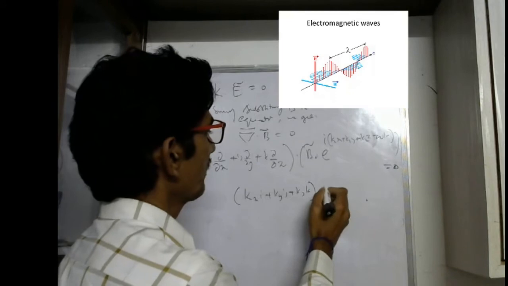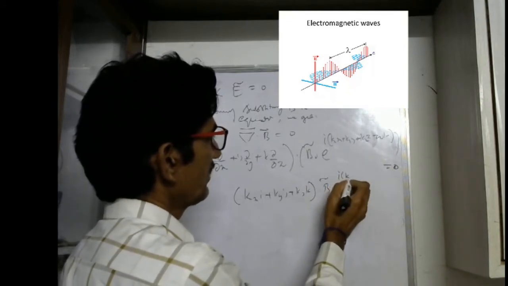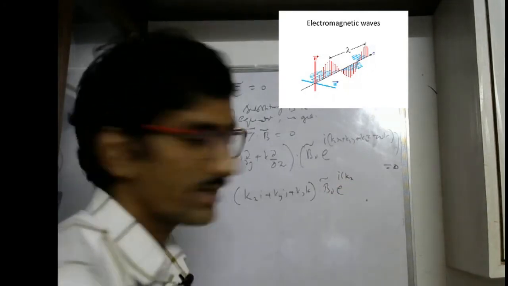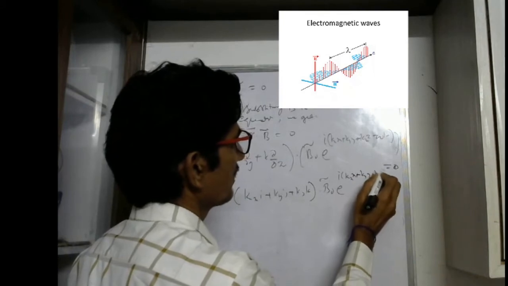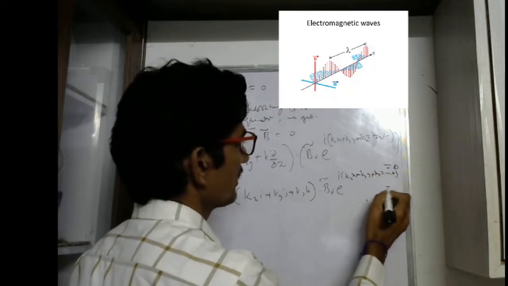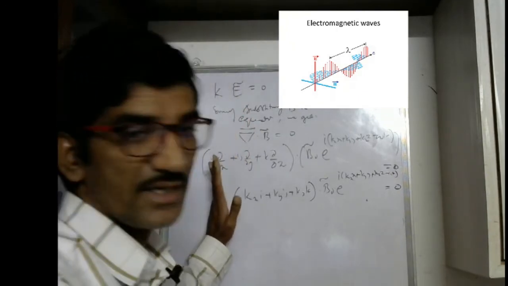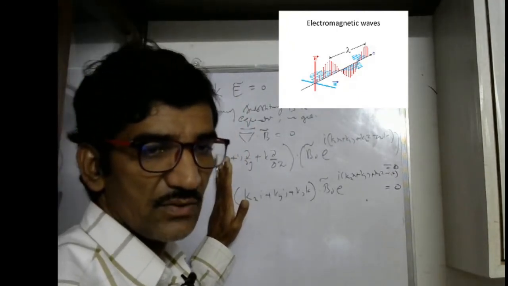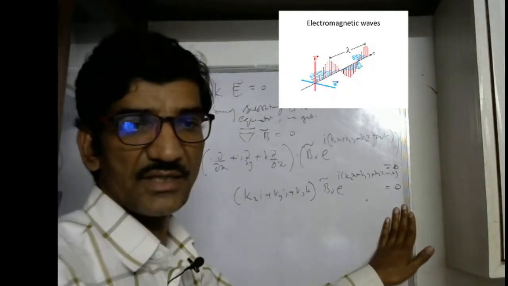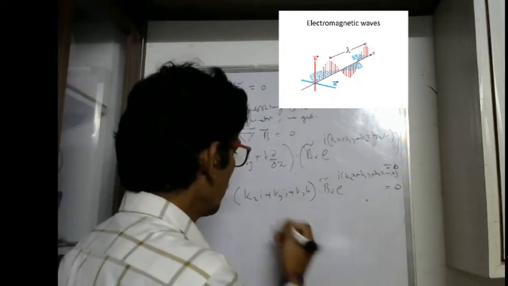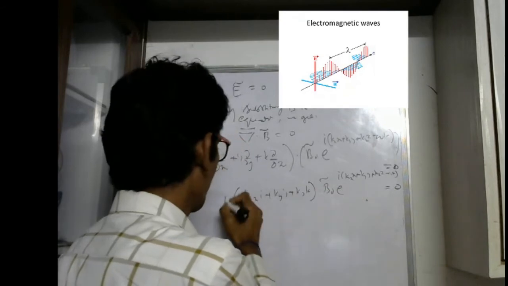So again you have B tilde, and you will be getting the same thing, because it is e to the power of kx x plus ky y plus kz z minus omega t, equal to 0. Of course, here you have to write one i, the square root of minus 1, but on this side you have 0, so again you need not write it.